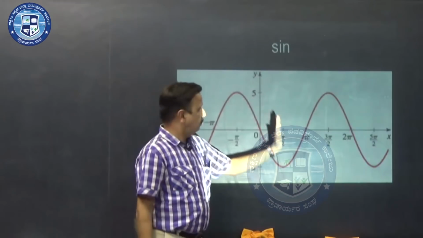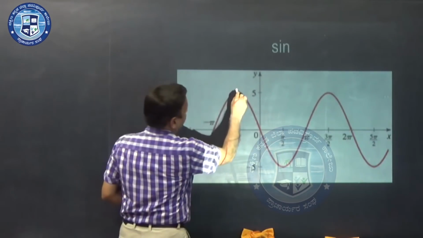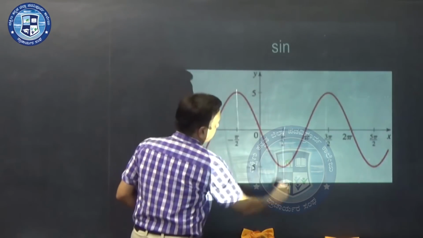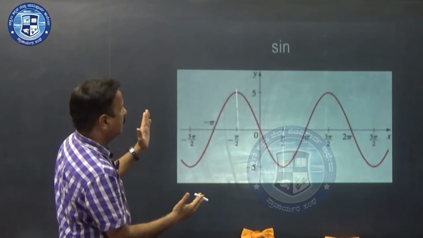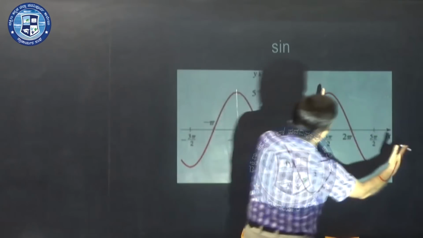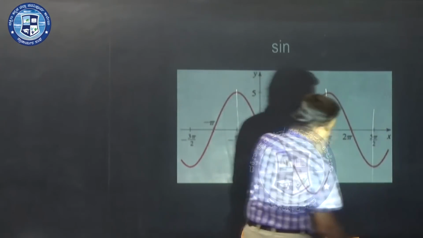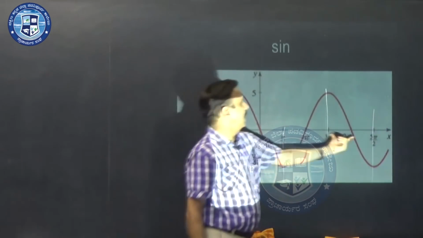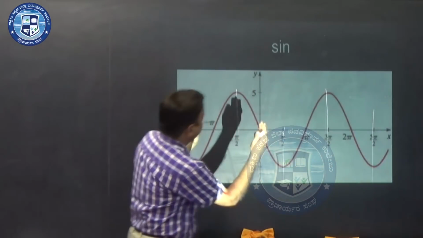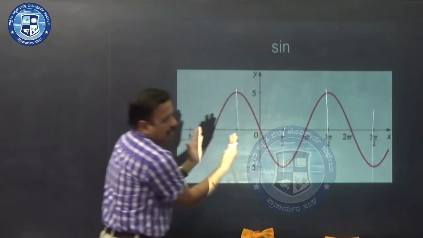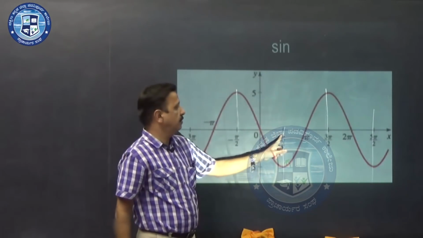If you consider the graph, you can consider the next interval also, not a problem, but the angle values are on the higher side. But the principal value, the minimum angle values, will be between minus pi by 2 to plus pi by 2.